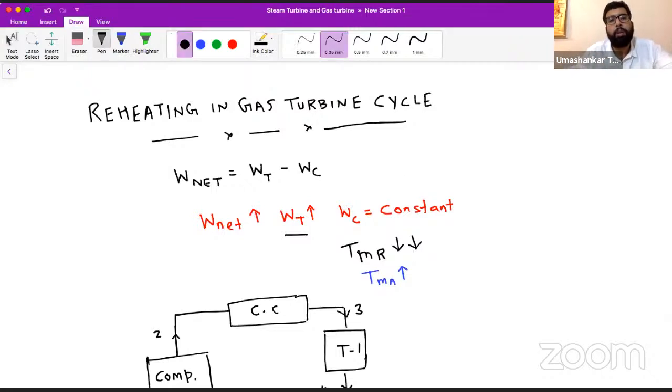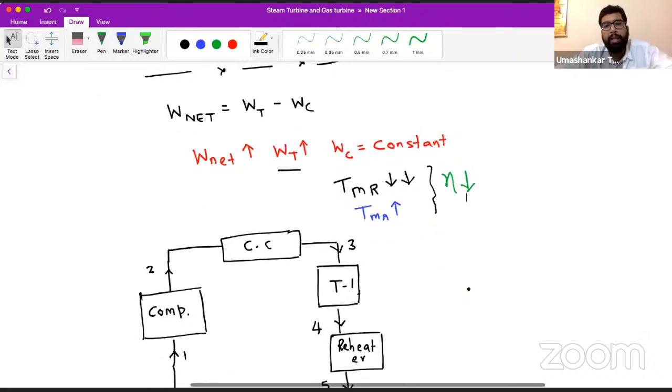So here also TMR is decreasing and TMA is increasing, but the decrease of TMR is more than the increase of TMA. So hence we can say overall the efficiency by applying reheater in a Brayton cycle reduces. So the overall efficiency of the plant reduces when we apply the reheater.